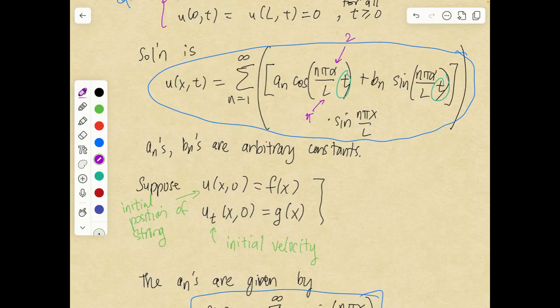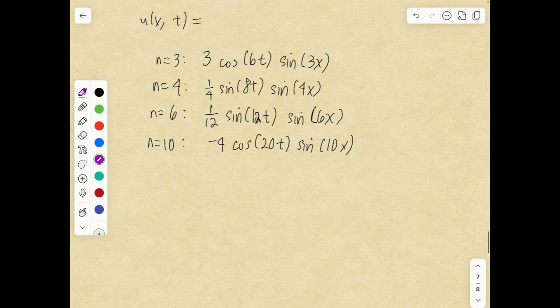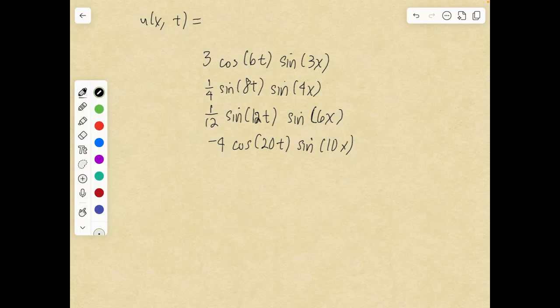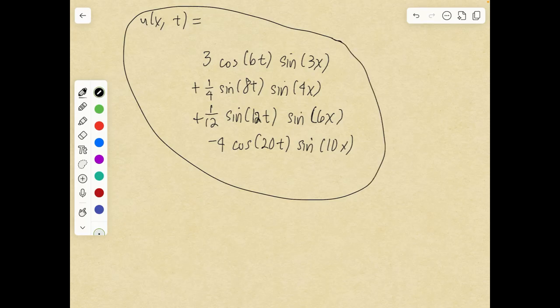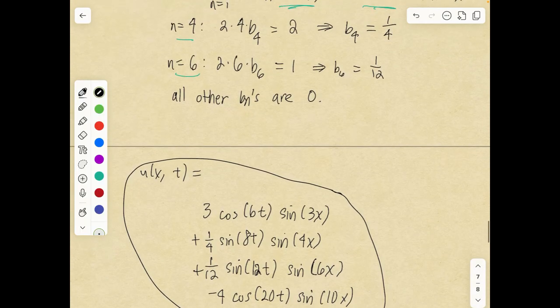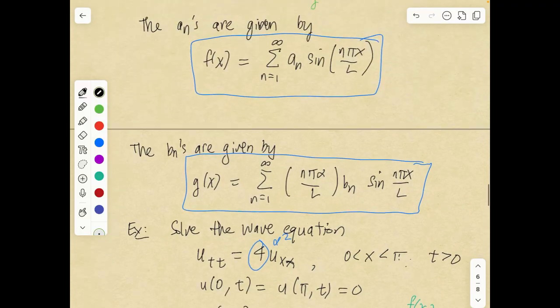Because you have the 2 because alpha was 2. That's the difference. Because when you substitute, in this example, alpha equals 2 and L equals pi, you get 2nt for cosine, and then for sine, you also get 2nt. But then for the sine n pi x over L term, you just have L equals pi, so you just get sine nx. Okay. So yeah, this is correct.